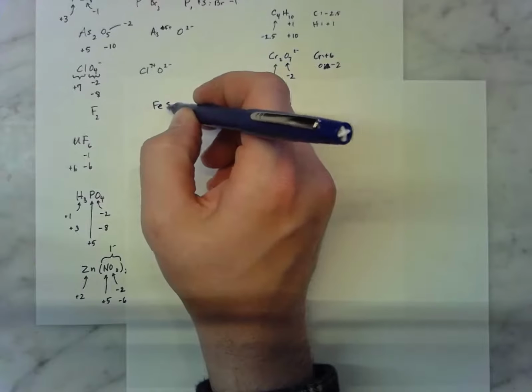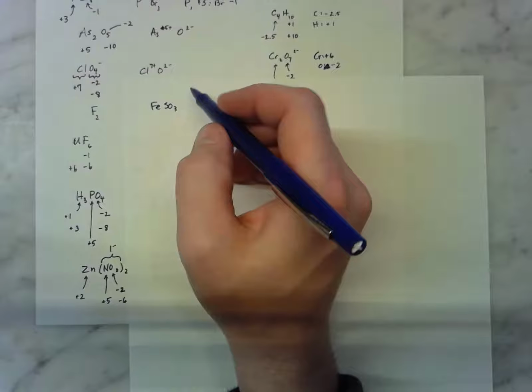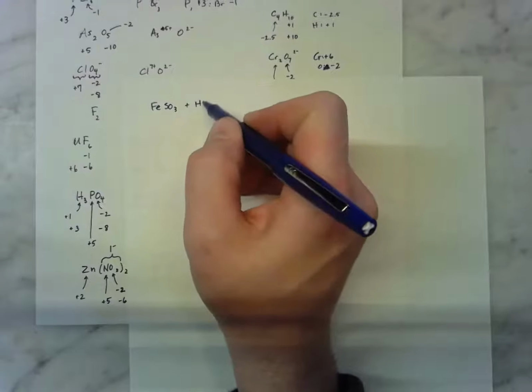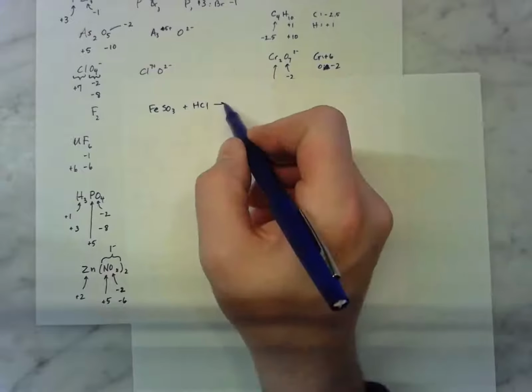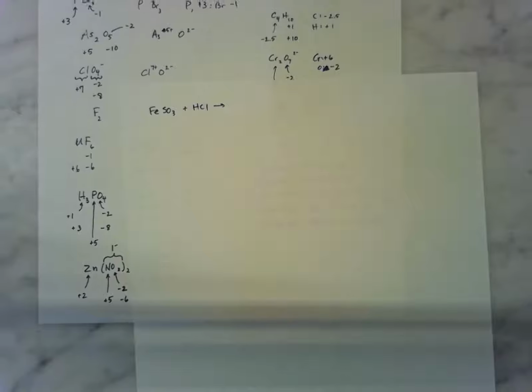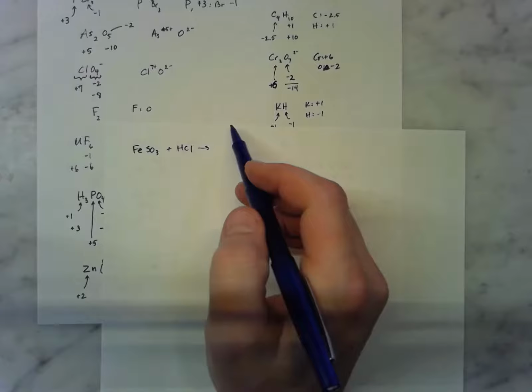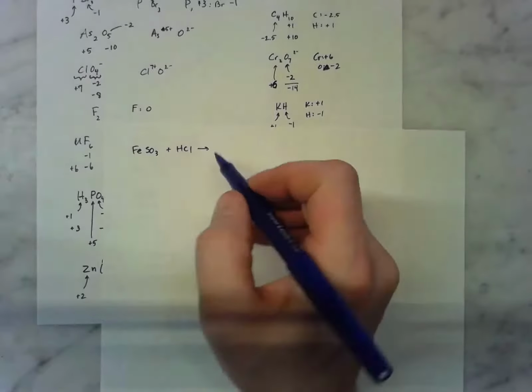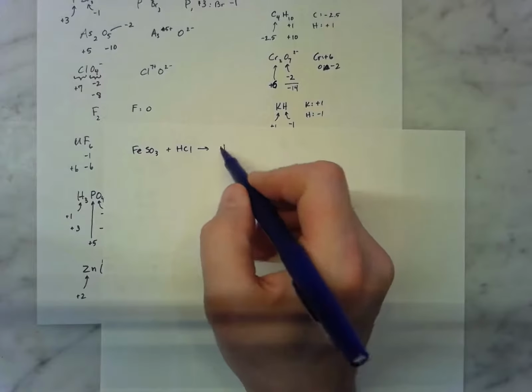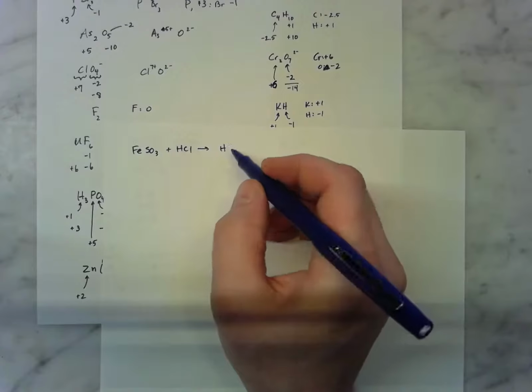I think that's sulfide. Hydrochloric acid, which is just HCl. And I can see how this would be difficult if you were not familiar with these, but these are not unknowable elements or unknowable compounds here. So, all right, and then it goes to hydrogen sulfide.